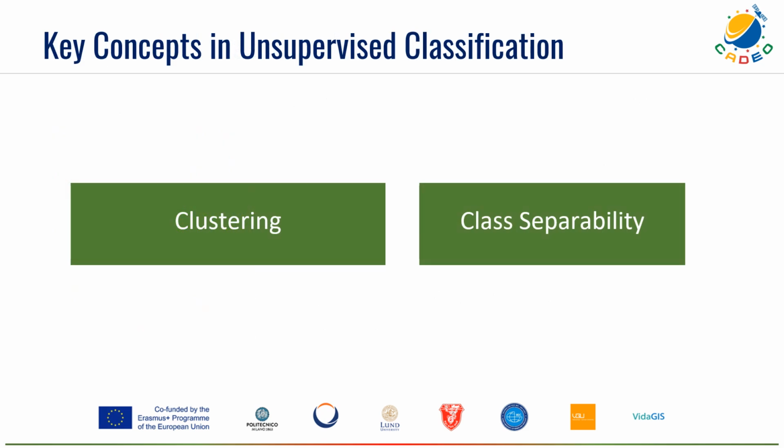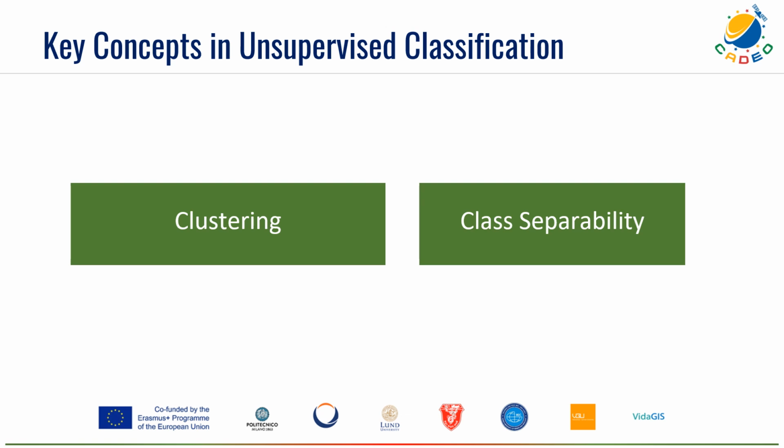There are two concepts of unsupervised classification. The first includes clustering, which is the process of grouping a set of objects into clusters, where objects in the same cluster are more similar to each other than to those in other clusters.